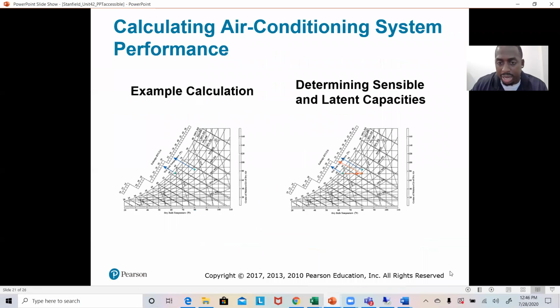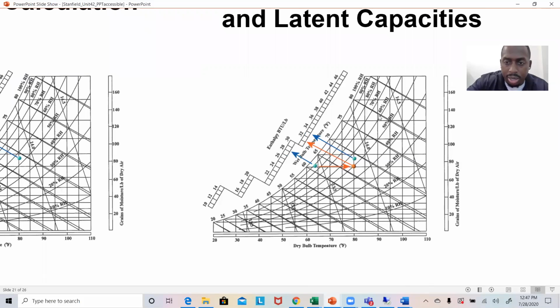So they're showing you that right here. So if we got 80 degrees dry bulb, what was it, 60 something degrees wet bulb, the enthalpy is 31 BTUs.